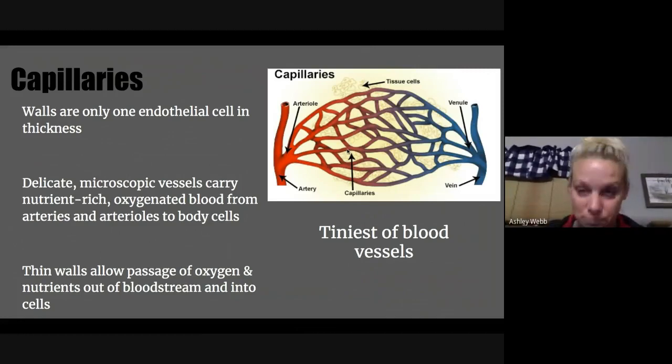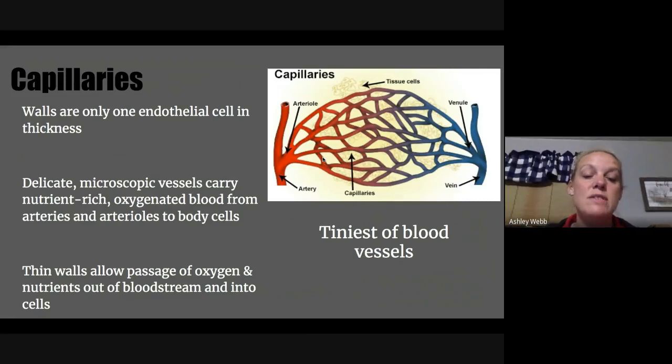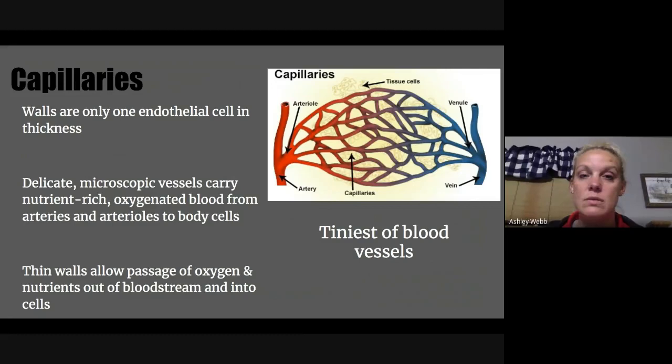If you're looking here, we've got the artery, and then we go to the arteriole, and then it goes all the way out to these little capillaries. Those very thin walls allow for the passage of oxygen and nutrients out of the bloodstream and into the cells. It's kind of an absorption, if you could imagine that.